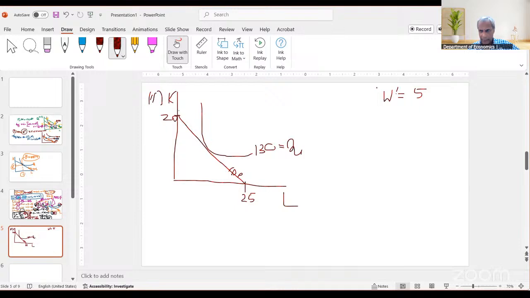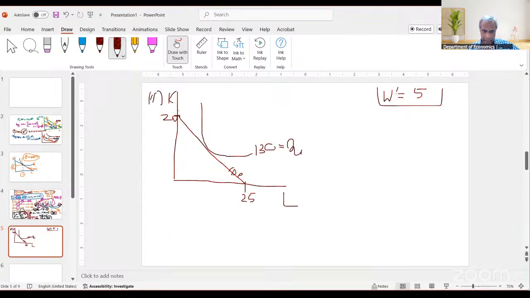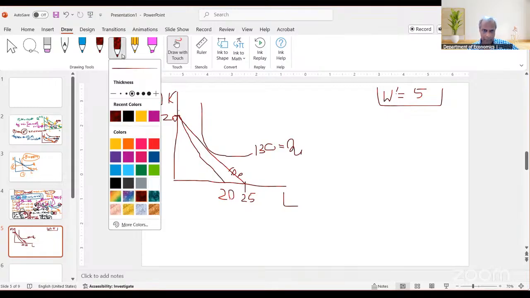Now with this new development, the wage rate has increased. What happened? This budget line, sorry, ISO cost line rotates like this and comes to a new optimal level like that.